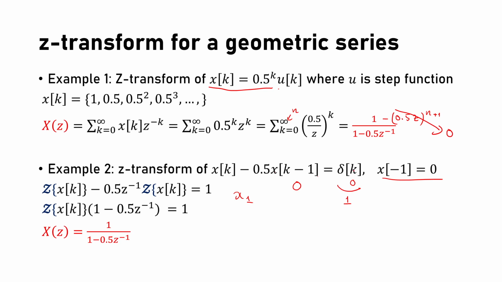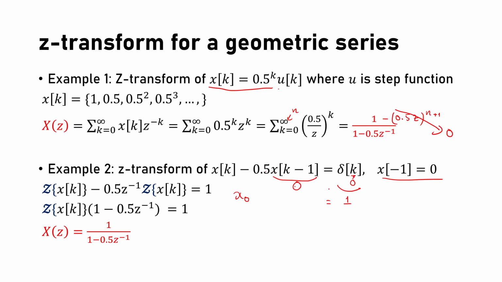Okay, right. Because this term is 0, right? So 0 times 0.5 is still 0. So it means you have h0 equal to 1. Sorry, this is h0, because k equal to 0 here.